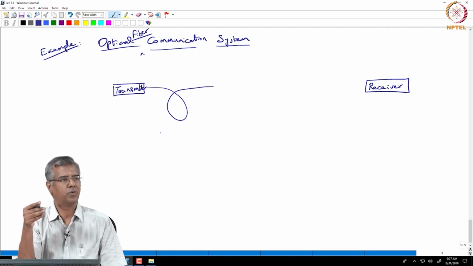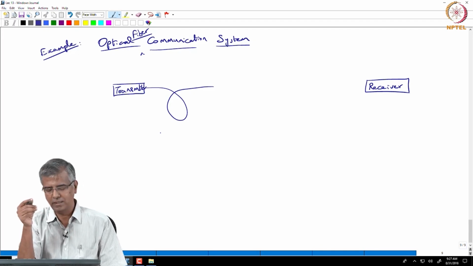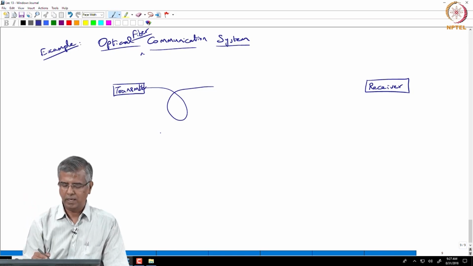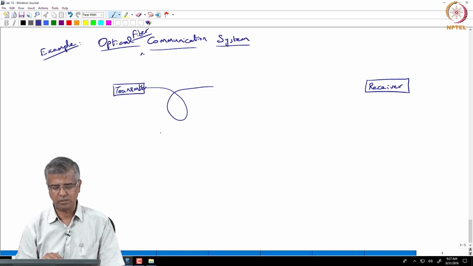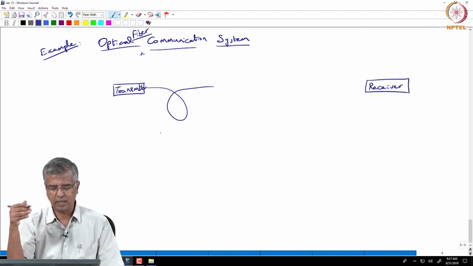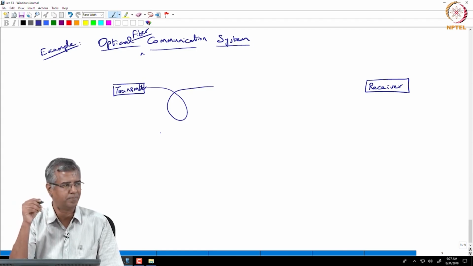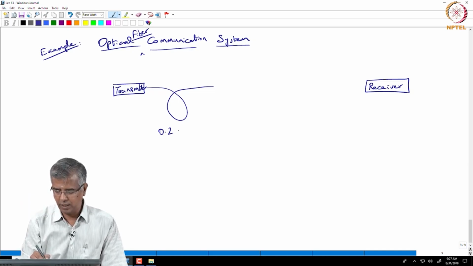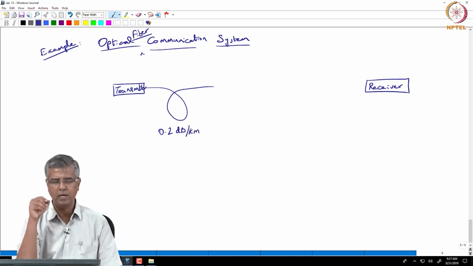Because of those density variations, light tends to get scattered, and that's a process we call Rayleigh scattering, because the density variations are much smaller than the wavelength of light. That is one of the primary causes, and the other cause could be absorption in the fiber, and because of all that you have 0.2 dB per kilometer loss.